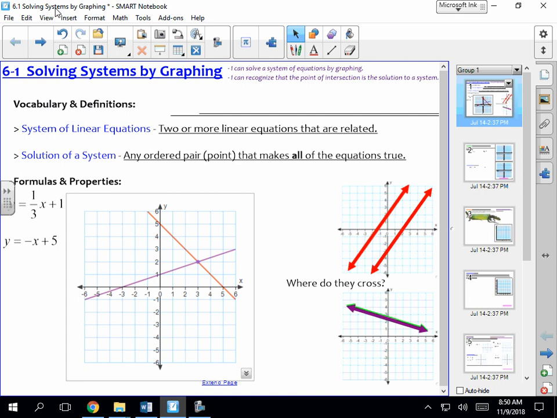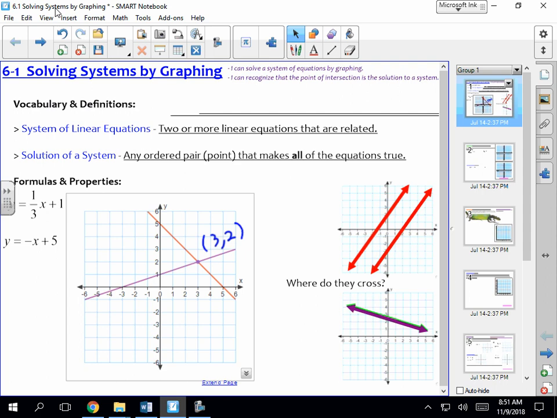So in this case right here, the solution to the system would be (3, 2), because (3, 2) is the point of intersection, and it's the coordinate that would make both of those equations true. So a solution of a system is any ordered pair that makes all of the equations true.